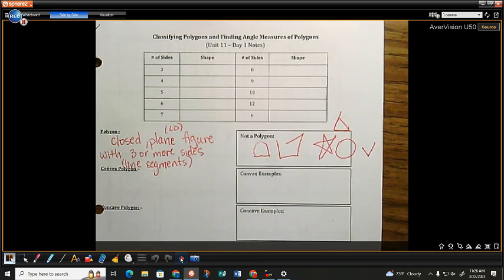Is dodecagon? What is an N? It's a number. The N is representing a number that you just don't happen to know. Pentagon. No, it could be any number you don't happen to know. Seven.